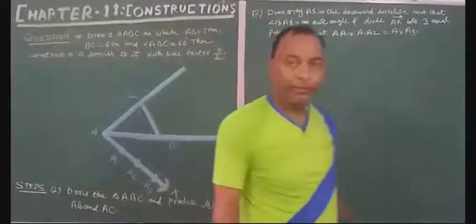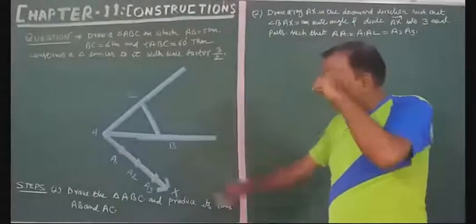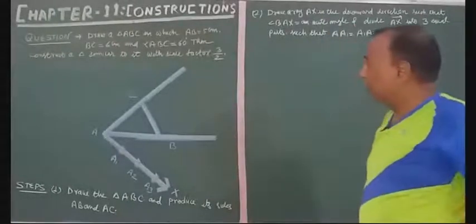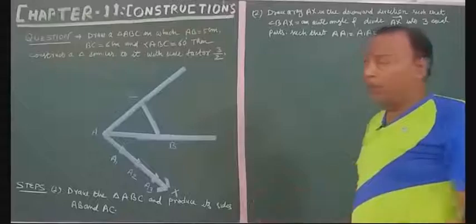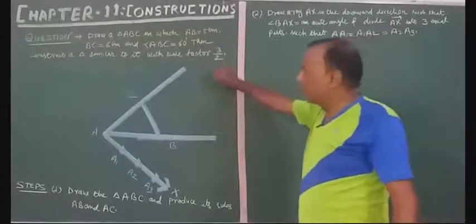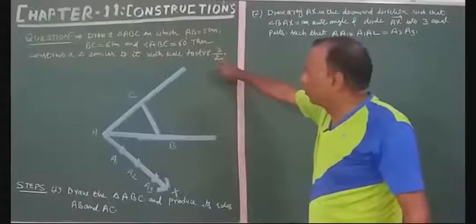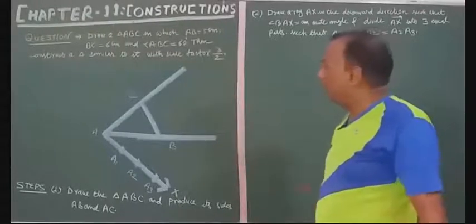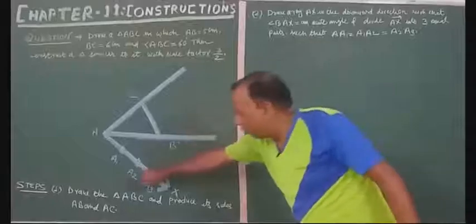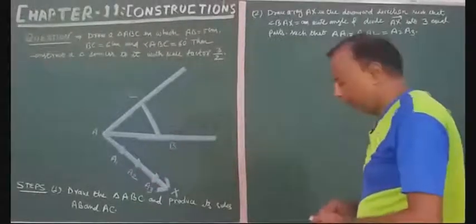Is it there? Now for the larger triangle we will join, or we can say always we will join according to this number 2. So we will join this A2 to point B.